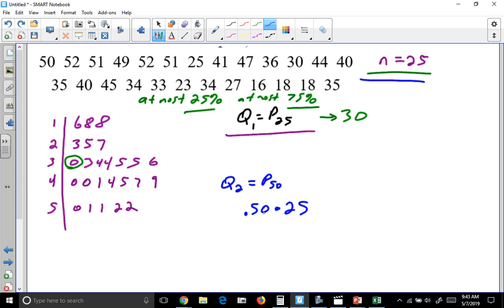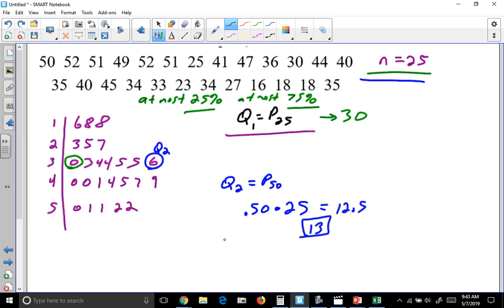So 50% of 25 pieces of data is 12.5. Since that's a decimal, then our median, or our second quartile, will be at the next largest integer. So if we count to the 13th position, 1, 2, 3, 4, 5, 6, 7, 8, 9, 10, 11, 12, 13, that will be our second quartile.